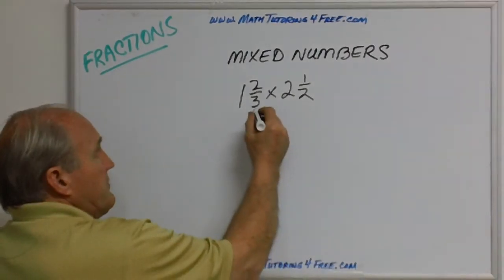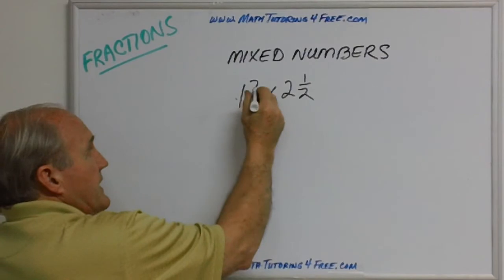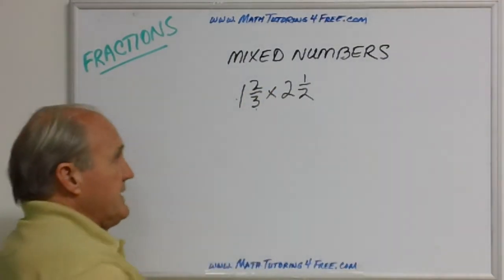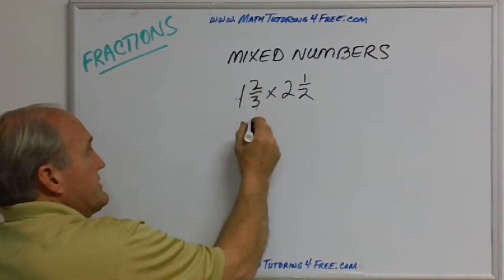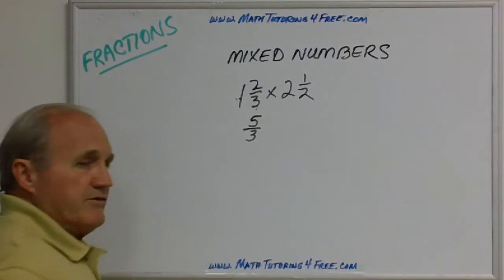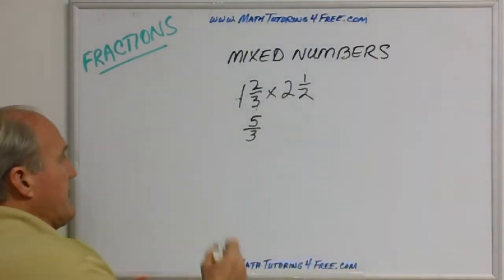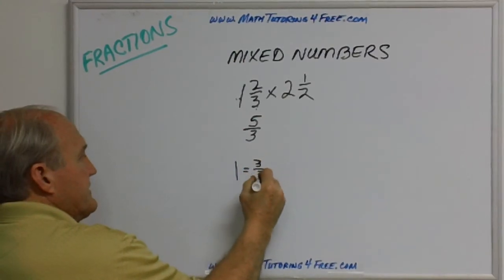Well, we simply multiply the denominator times the whole number and then add the numerator. In this case, we're saying 3 times 1 is 3 plus 2 is 5. That becomes 5/3.